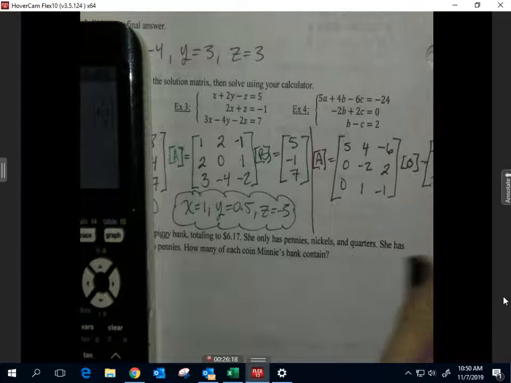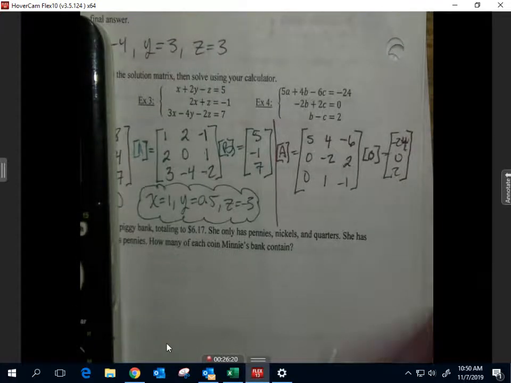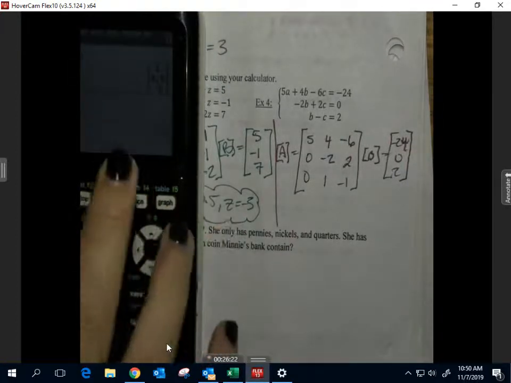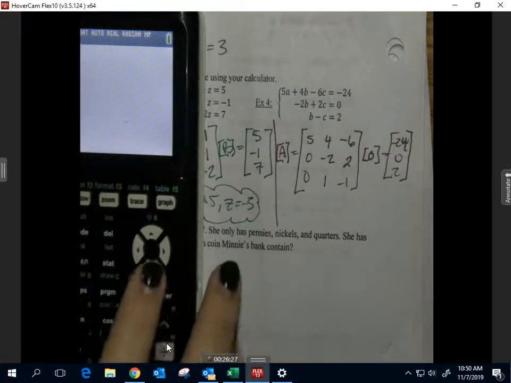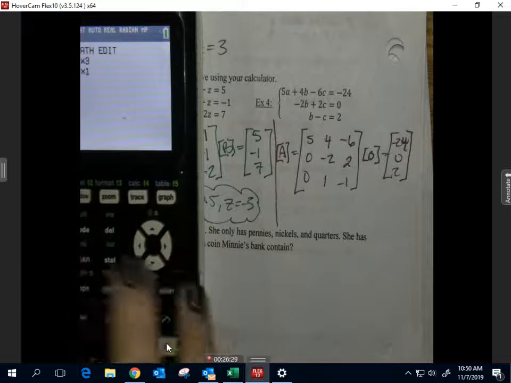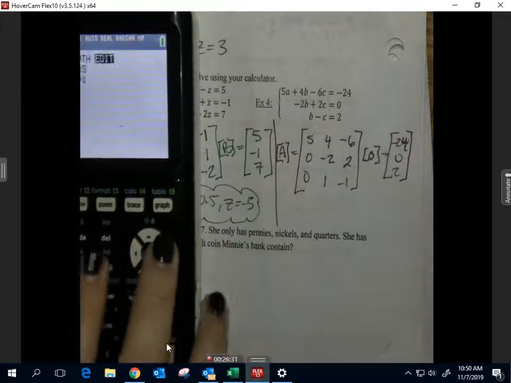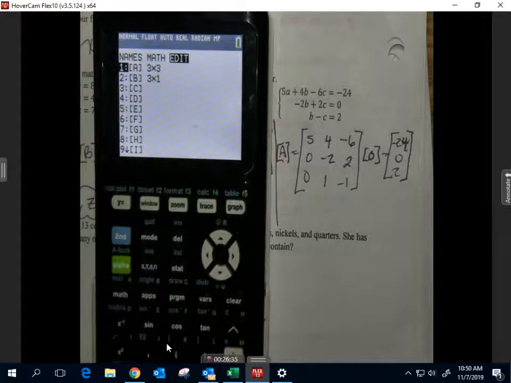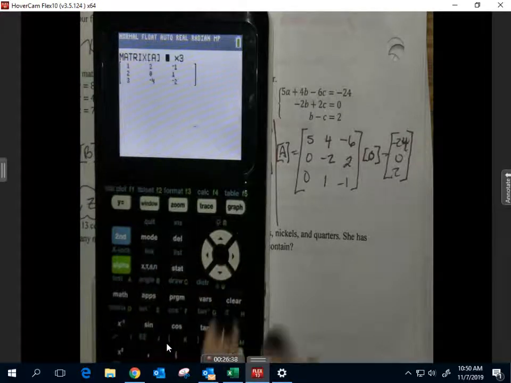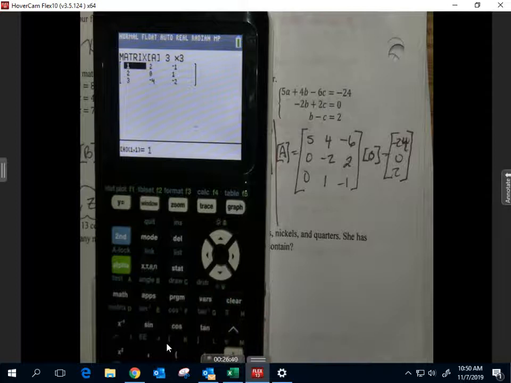I'm running out of room. There we go. Alright, let's put those in. I'm clearing it. I'm going to hit second matrix, go over to edit. Hit 1, and then go down and put in those new numbers.